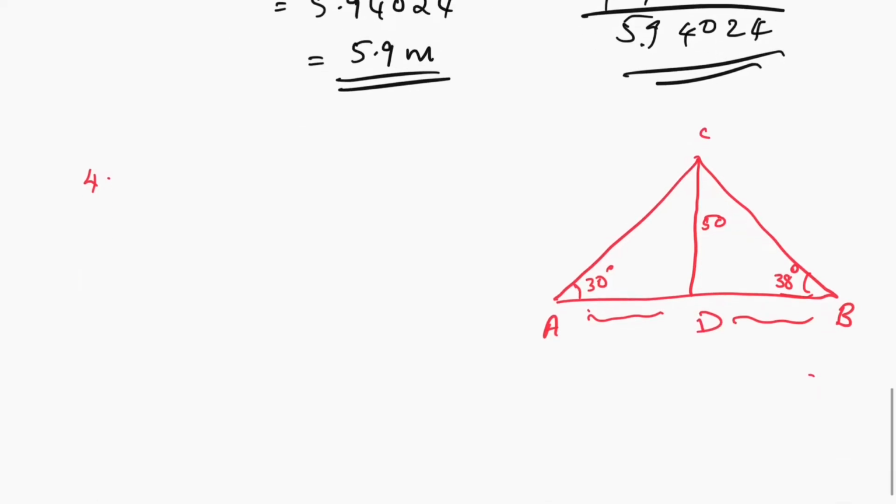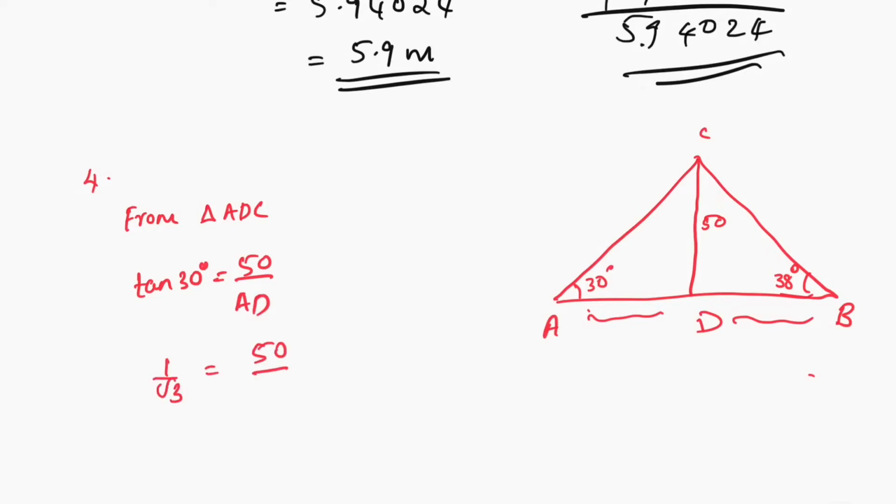From triangle ADC I need to find tan 30, right? Tan 30 is equal to 50 by AD. Tan 30 is 1 by root 3 equal to 50 by AD. So you'll get AD is equal to 50 into root 3.